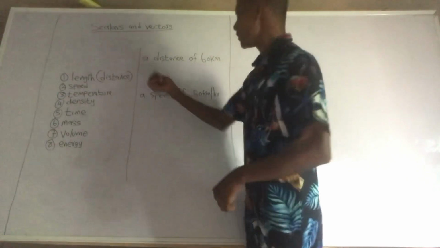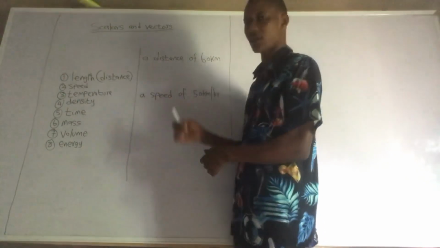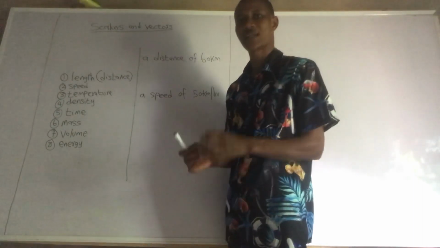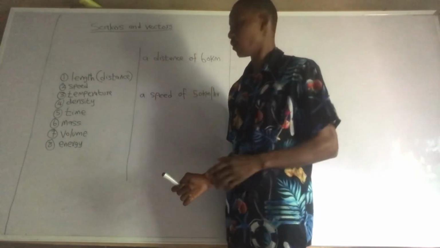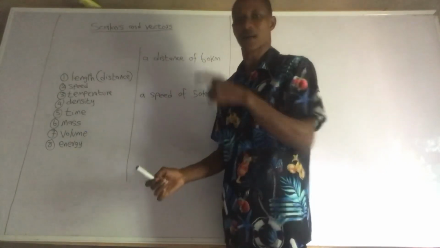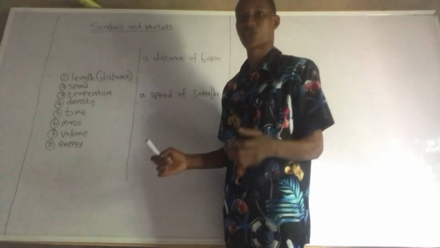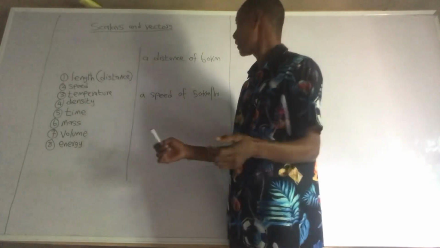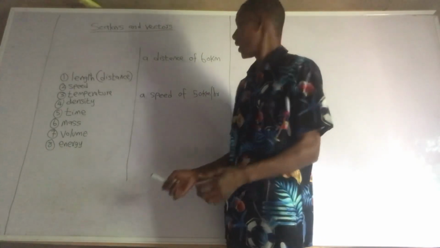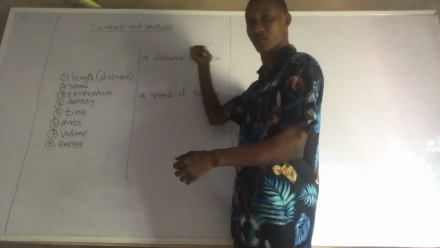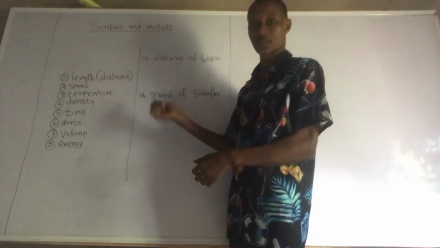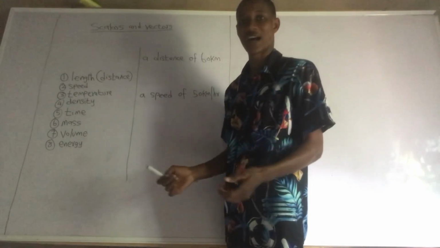Now, if you say a distance of 60 kilometers, what does that mean? A distance of 60 kilometers can either be a straight line or a circular path, since no direction was specified. So since no direction was specified and we have a number here which is 60 kilometers, then this quantity distance is what? A scalar quantity.